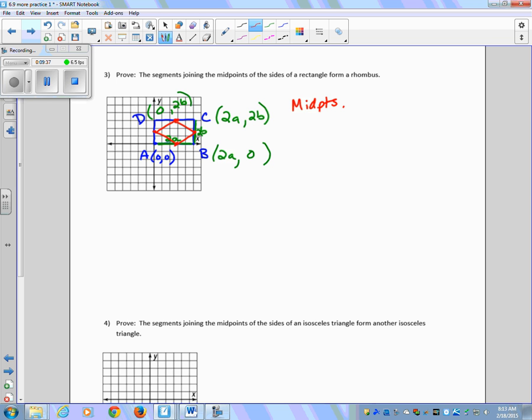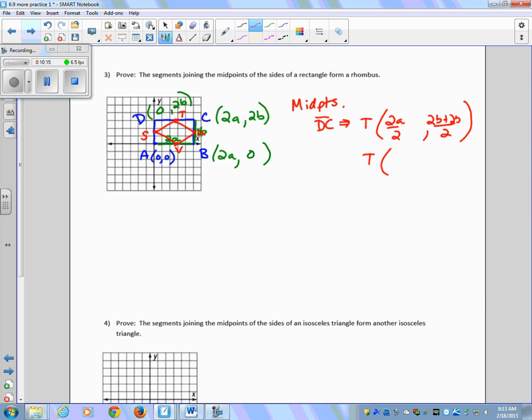It's always helpful if you label your points. Let's call this S, T, U, and V. So the midpoint of DC is going to be point T. And we add the x's, divide by 2, and we add the y's and divide by 2.